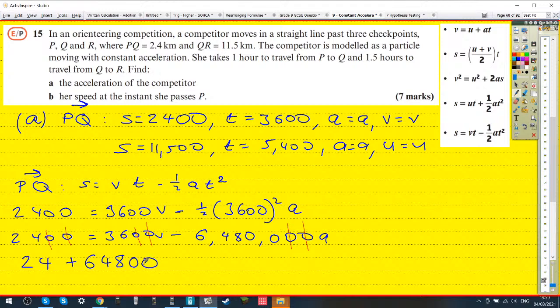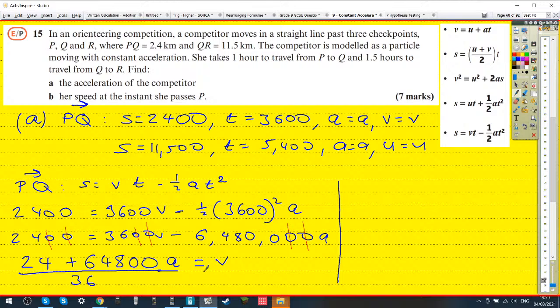Then you divide everything by 36, which gives 5,402 over 3 equals V. We have an A there, so let's not simplify anything.